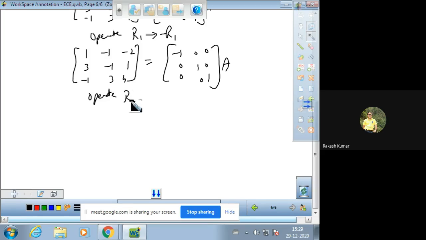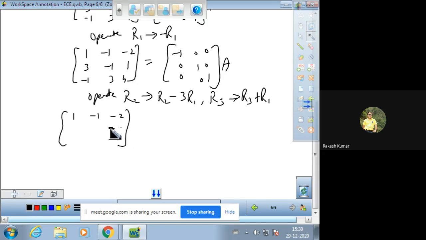Now we have to apply operations, and you will take row 1 as a pivot row. R2 will be R2 minus 3 times R1, because here is 3. Similarly, R3 will be R3 plus R1, and you will get that the first row will be as it is, and this will be 0, 2, 7.